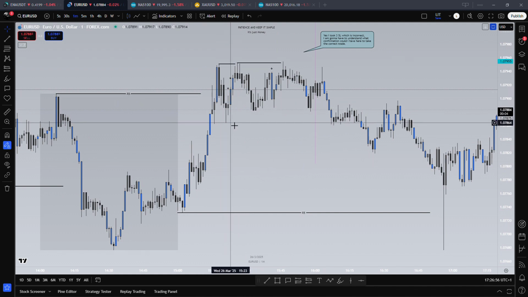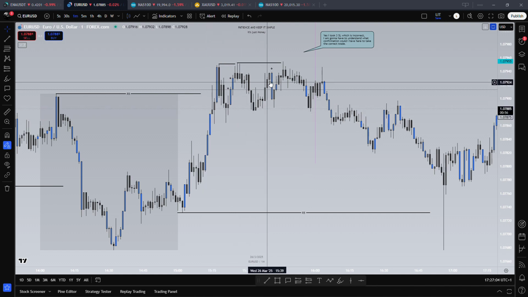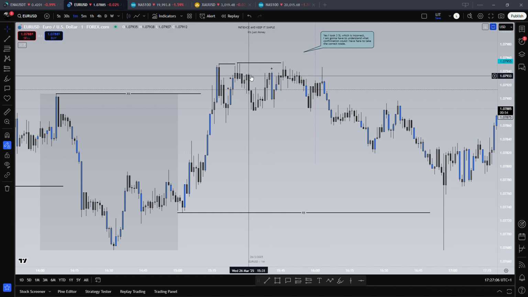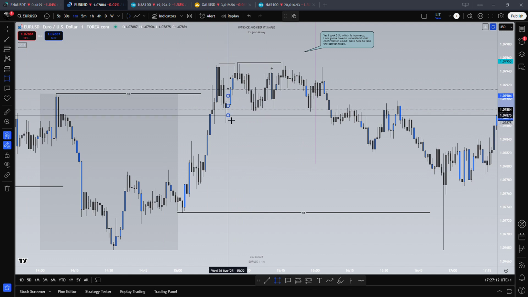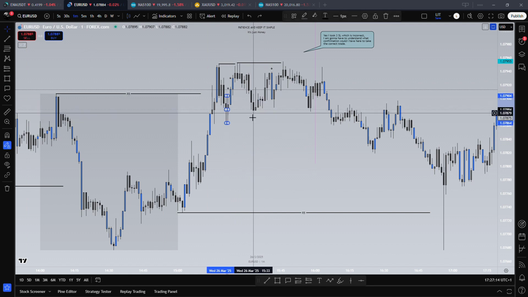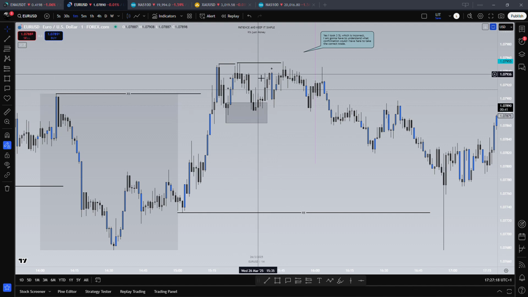Then we take the high. So for me, this is the relevant liquidity. Well, and then I entered again here because we had like this SMT, this SMT here, and I entered here more or less.